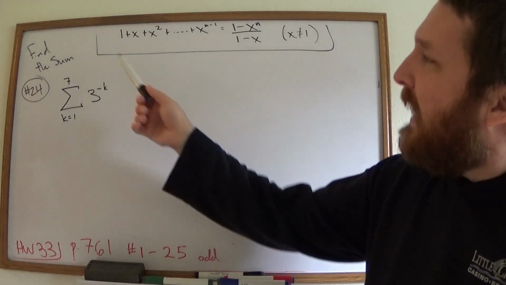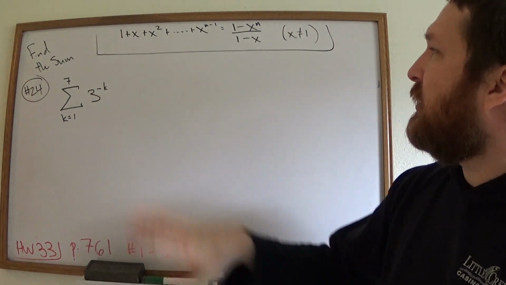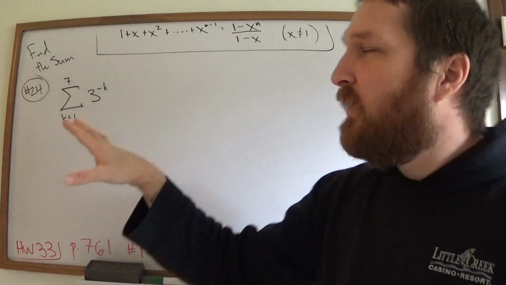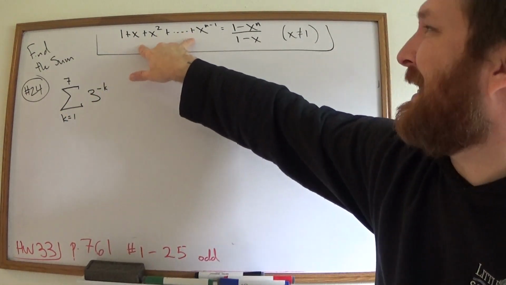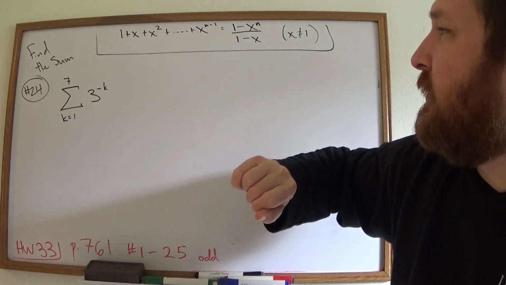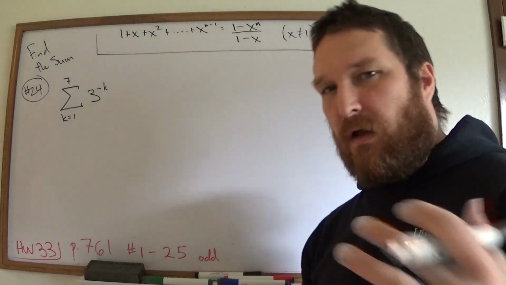Number 24, again, find the sum, same thing. Here's another reason why you don't want to just memorize that formula. You want to try to rearrange this so that it gives you this, okay? Because the first thing you might notice, like I told you, is to write the sum out.